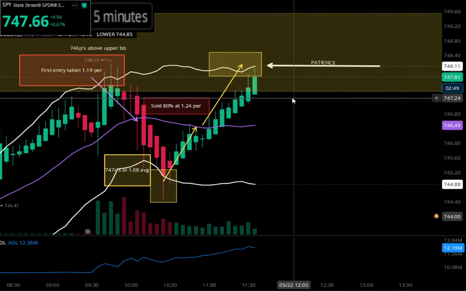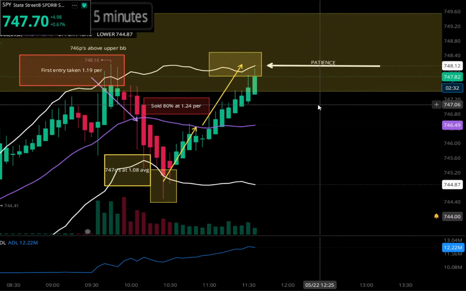Because if we hit our level, then that creates the conditions for the put downside, which I want to be able to capitalize on. So look for our exit, but also our entry, and just be super patient. Again, we want to see the market pushing above the upper Bollinger here.